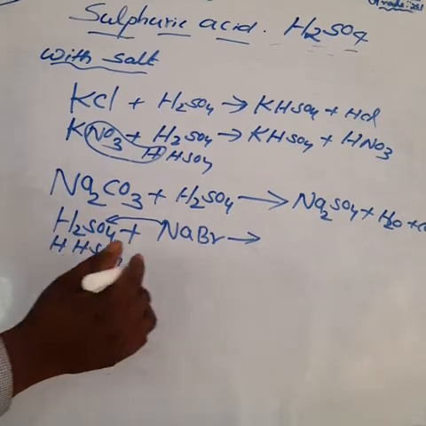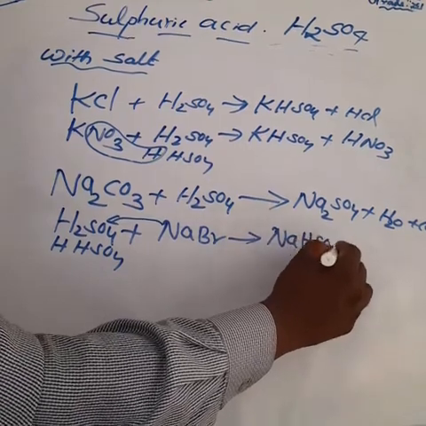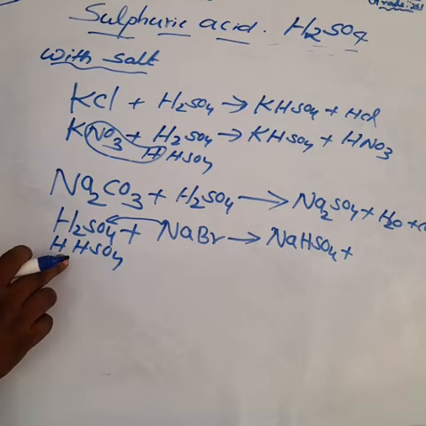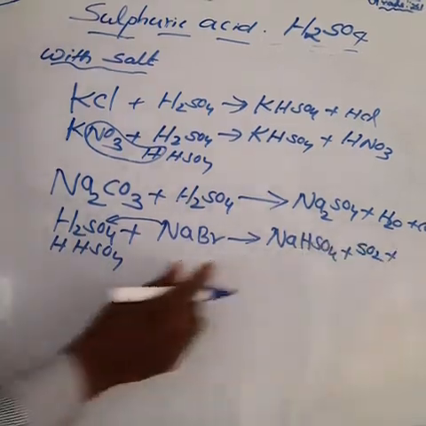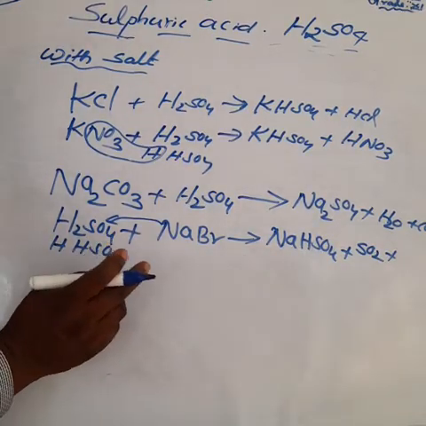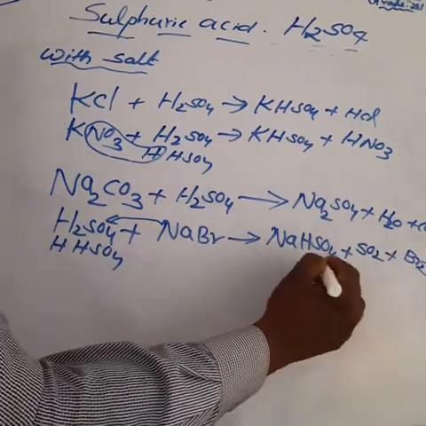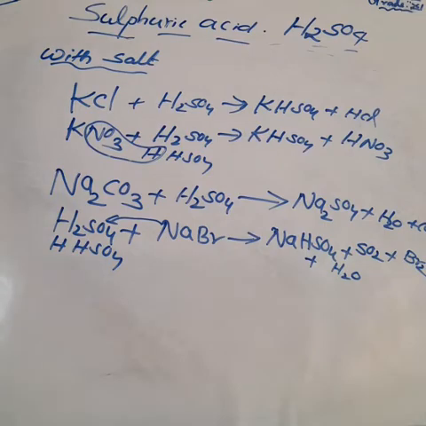So sodium combines with bisulfate to form NaHSO4 plus, here also one sulfur dioxide gas, SO2. Sodium bromide is converted to Br2, and also we get water, H2O.